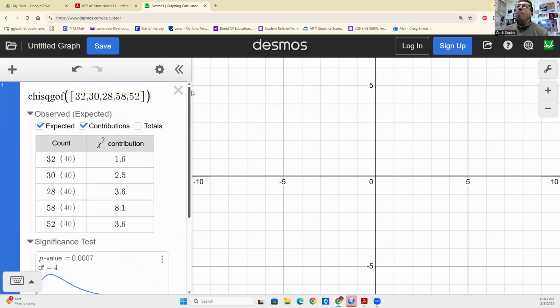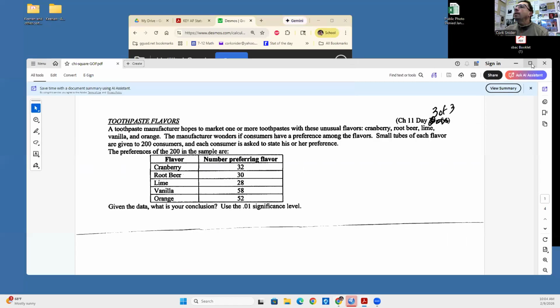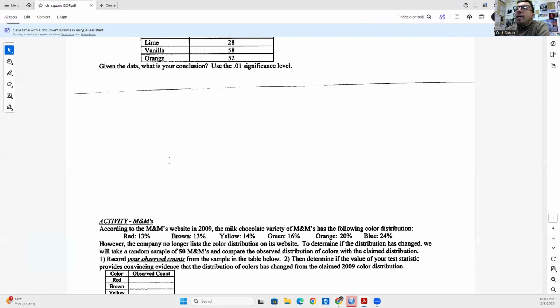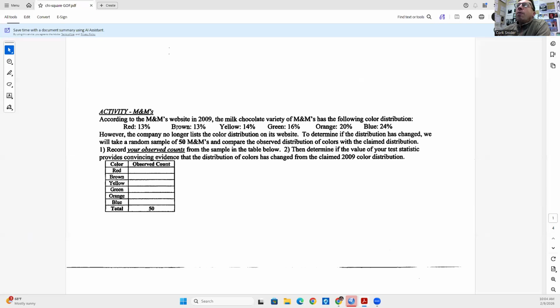One more prompt. M&Ms. As you may or may not know, M&Ms are not distributed equally in a bag. These are the latest distributions, and I'm going to have to make up some numbers here. So we got 6 categories.